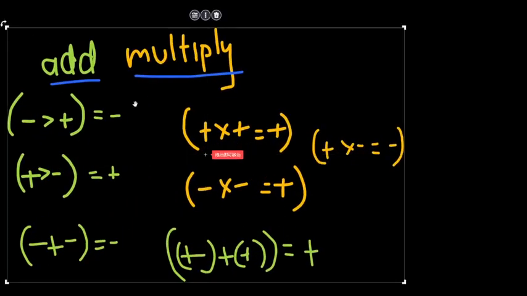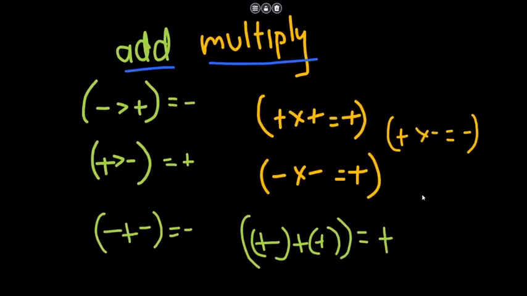Let's enlarge it. And there you go. So those are the rules. Those are the 4 adding rules, and those are the 3 multiplication rules. Maybe there's more, you can tell me in the comments, but I think that's it.